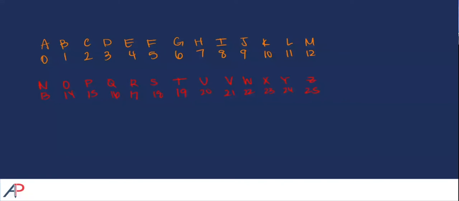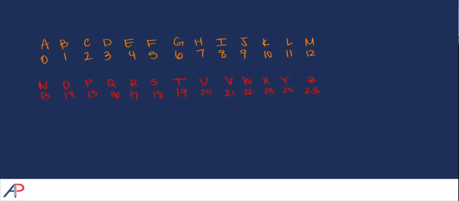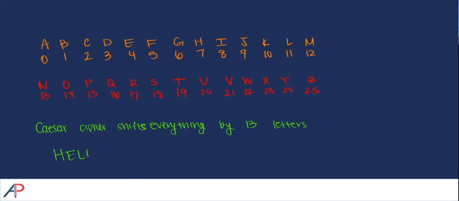The Caesar cipher shifts everything by 13 letters. So let's say I have hello.